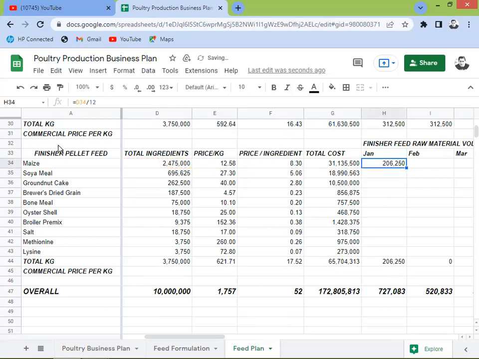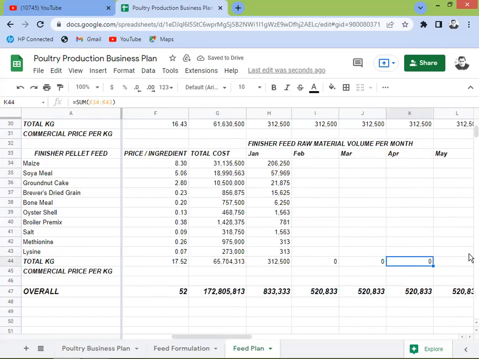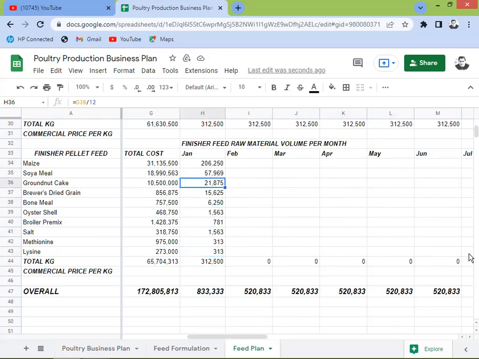That would be 206,000 kilogram for the maize for finisher feed requirement. So it would be 312,500 total requirement. Okay, same procedure, same steps.